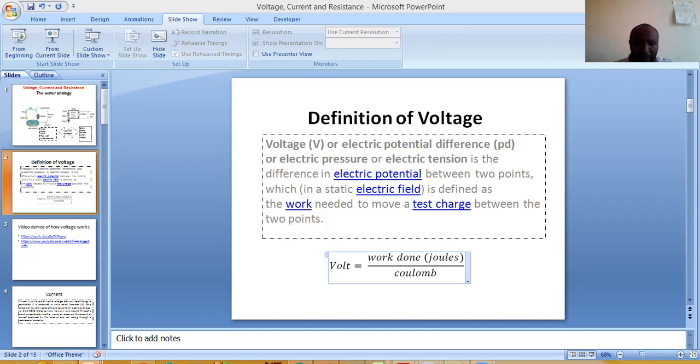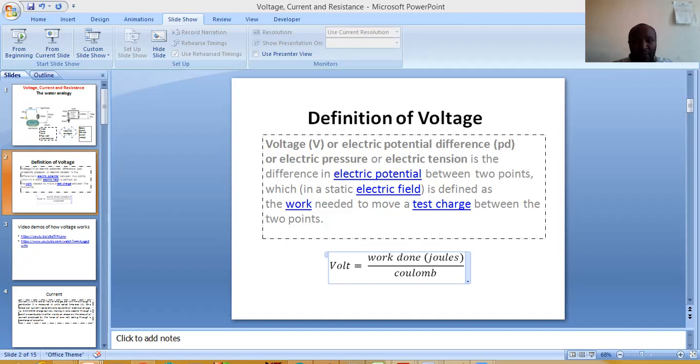Same thing for power. We have seen by very definition, power is the product of voltage and current. But again, by use of Ohm's law and the expression of power, you can show that it is given by the square of current times resistance, or the square of voltage divided by the resistance of the appliance.